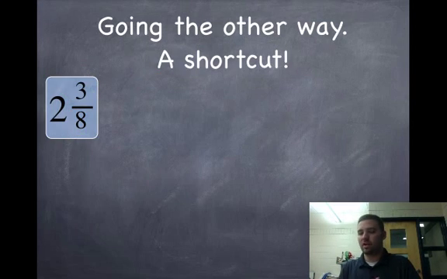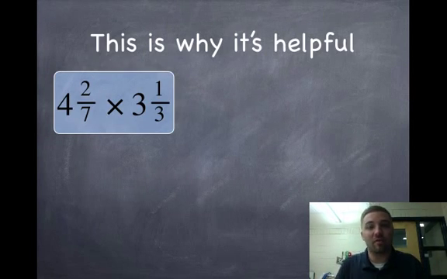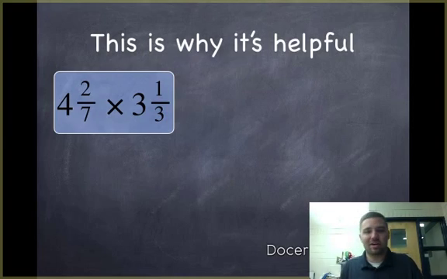Okay, let's do another one. Very quickly on this one, since you're probably all getting the hang of it by now. This is why it's helpful. This is why we care. Because if I want to multiply these two things together, I don't really know how to do it in mixed number form. But if they were in improper fraction form, I certainly could. So let's put each one of these into an improper fraction.